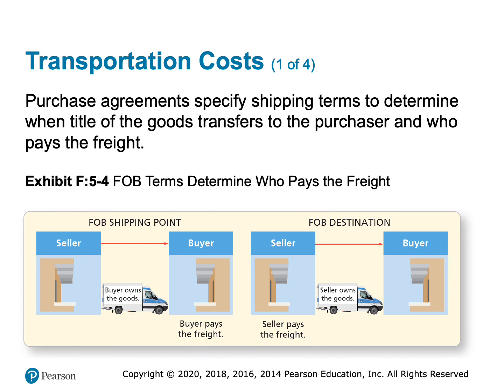So if the seller, let's start on the right, if the seller pays for the shipping cost. So if we are the seller and we pay for the shipping cost, or like Southwest Electronics offered us the shipping for free, which means they paid the shipping cost, then those goods are considered to be shipped what's called FOB destination. FOB stands for free on board.